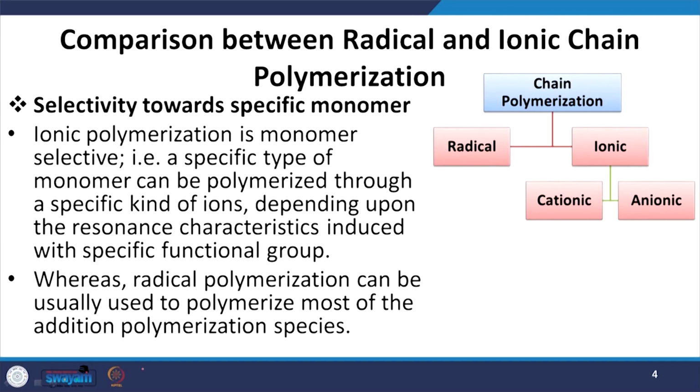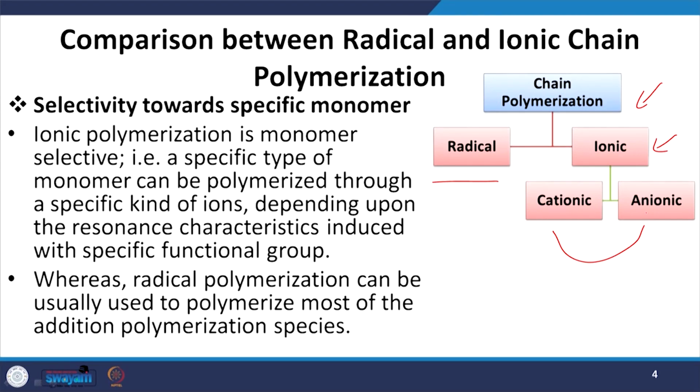In this particular figure, chain polymerization is subdivided into two different streams. One is radical polymerization, another one is the ionic one. Furthermore, the ionic polymerization is again subdivided into two broad categories: one is the cationic one and the second one is the anionic one. So by this figure the things should be clear in one's mind.